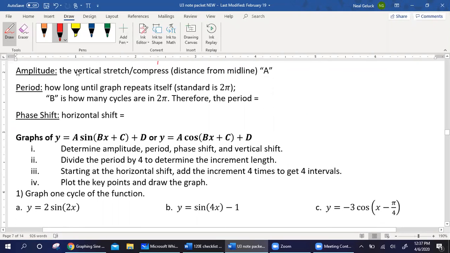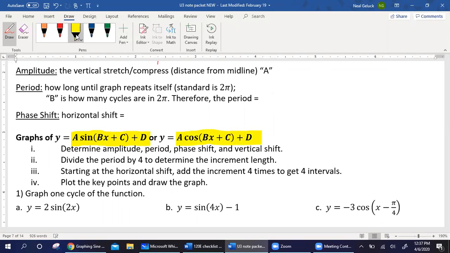Amplitude is basically just the trig way of saying vertical stretch or compression. When we're looking at our general form, which is here or here, depending on whether it's sine or cosine, but it doesn't really matter, it is the a number. Whatever we multiply out in front of the function stretches or compresses it.